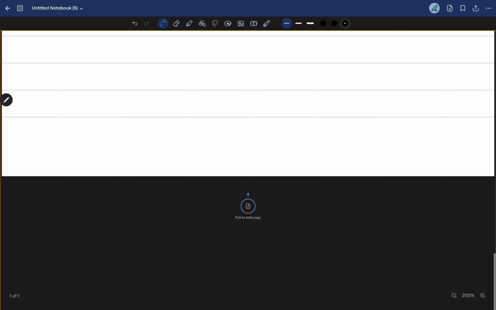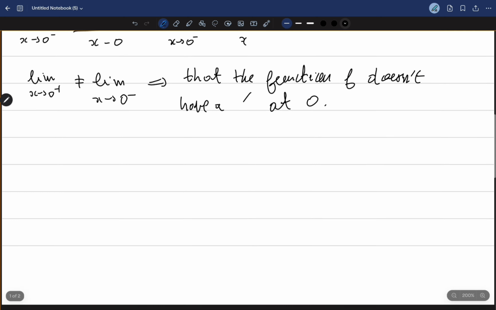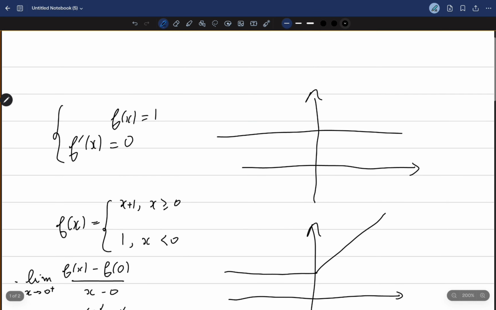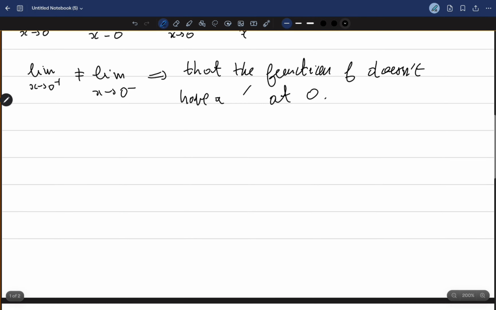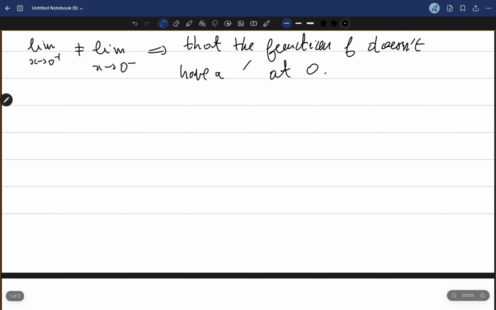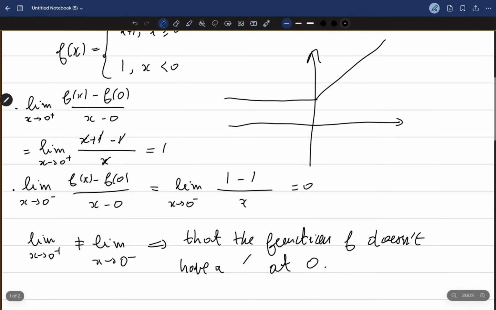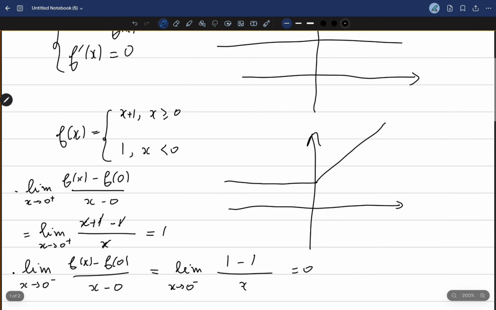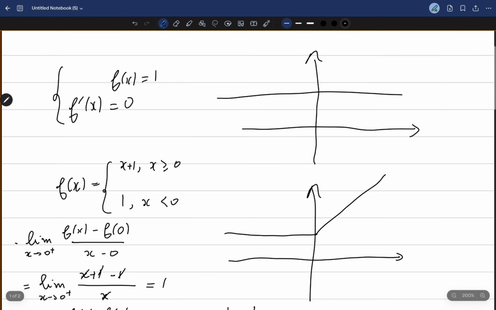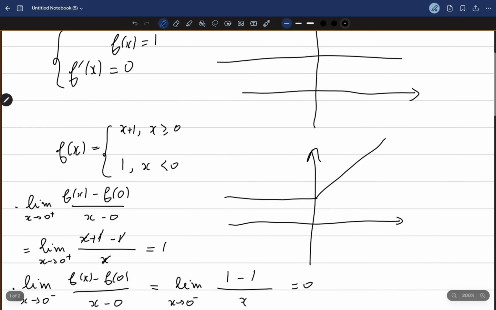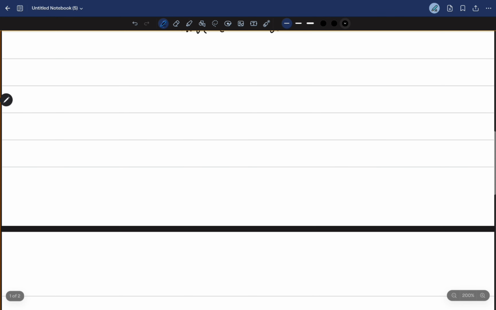Now, by what I said previously, if a function has a derivative, that means that the function is continuous. But the inverse of this implication is not right.